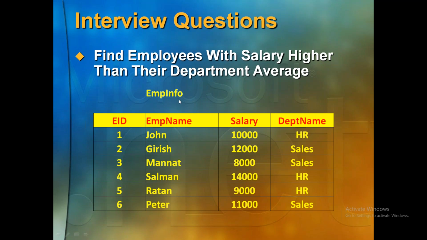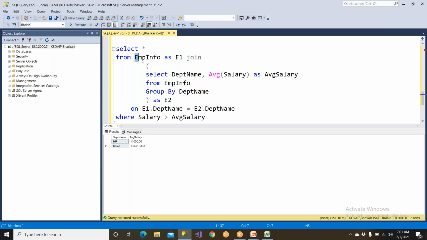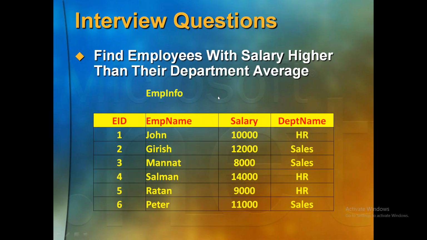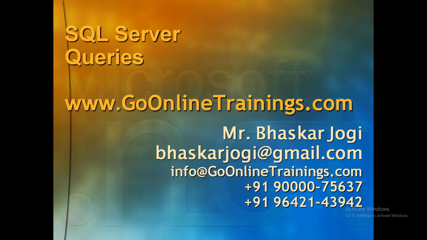So that is how you should be able to do this. Clear? Then you write a condition salary is greater than average salary. So these are a few beautiful interview questions asked in recent interviews. Please make sure that you practice these queries without fail.